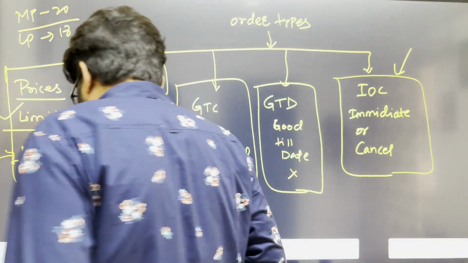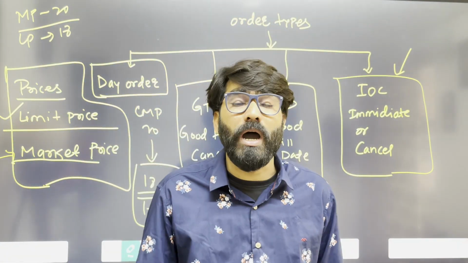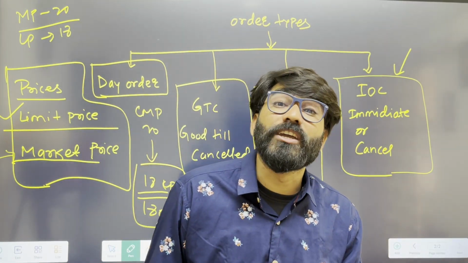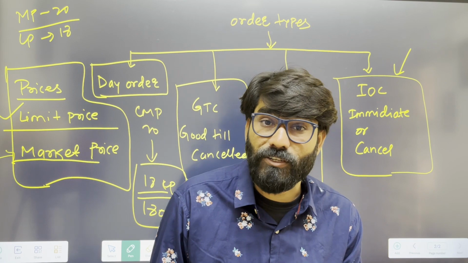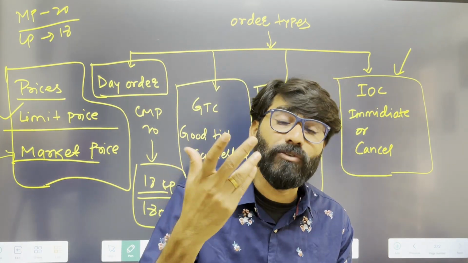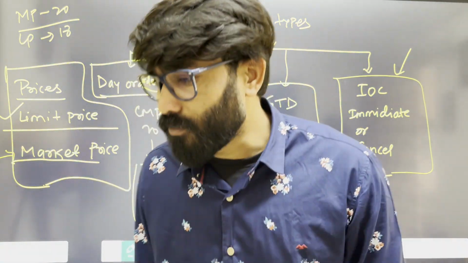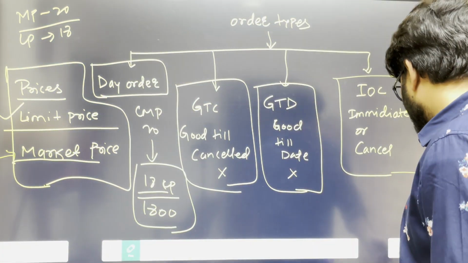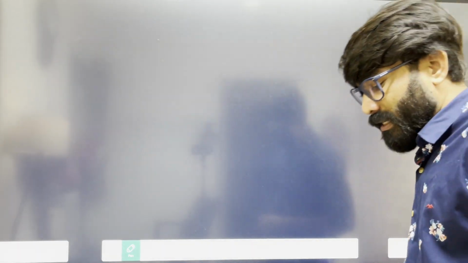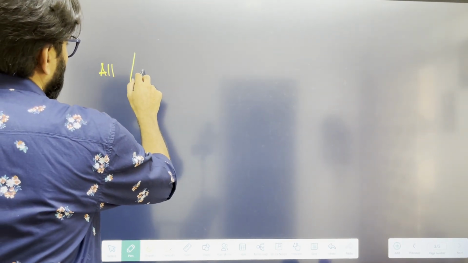So this is how your front office team works, and this is key information that is also required to execute the trades in front office. All this key information will have to be checked, and then only will the trades get executed. Apart from that, you would see other types as well, like all and none.